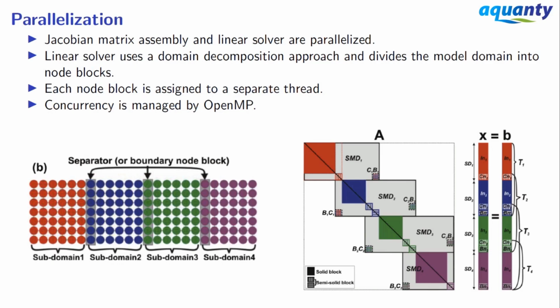Concurrency is managed by OpenMP. Below you can see a simple 2D example of how a set of nodes are divided into blocks, and what that looks like in terms of how the linear system itself is being solved.